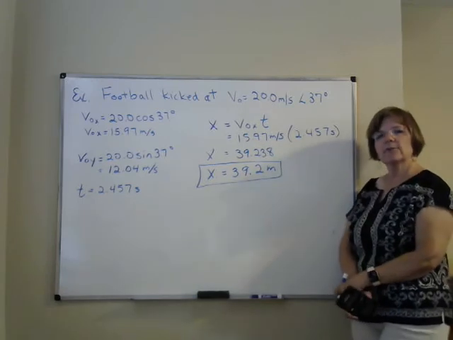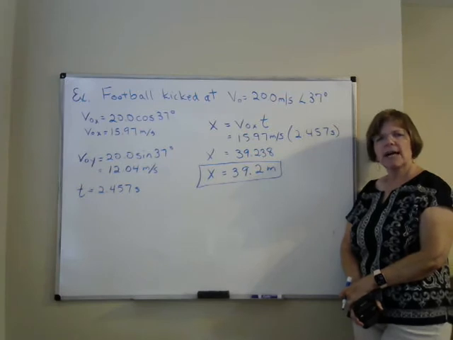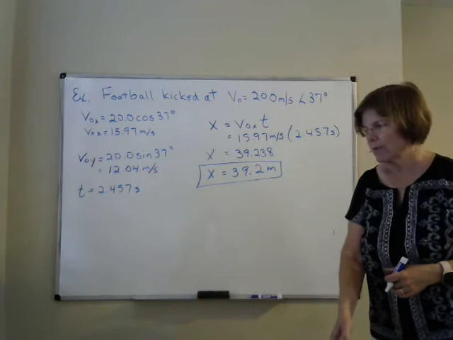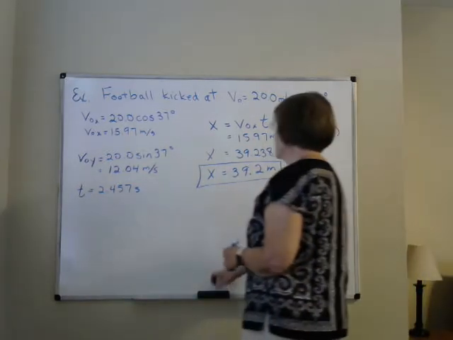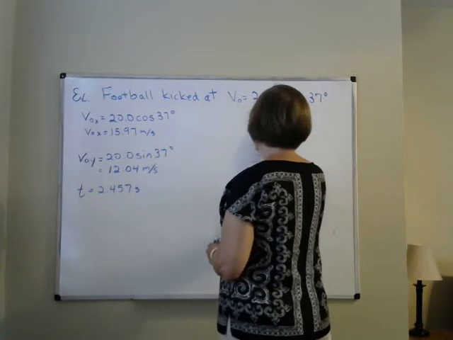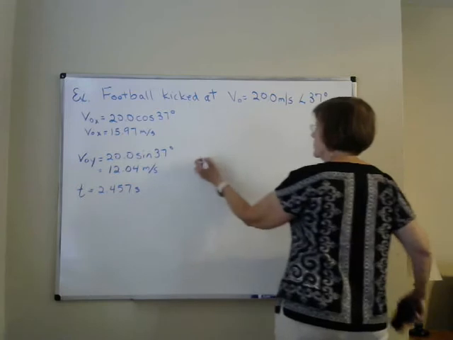There's some other questions that we could answer. We can answer the question, how high did it go? When was it at its maximum height? That requires us to remember something about the maximum height. When you kick a football or you throw something up, this is really a vertical motion problem.